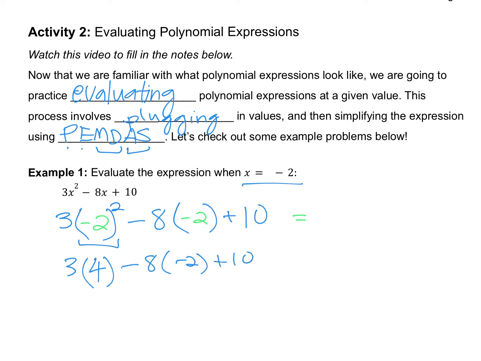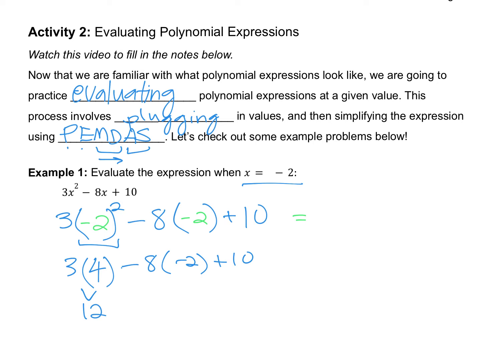Next up, multiplication and division. Now those go together, you just go left to right. All we have is multiplication. If you have a number next to parentheses, like 3 parentheses 4, that means multiply. So that is 12. And then here we have negative 8 next to parentheses with negative 2.